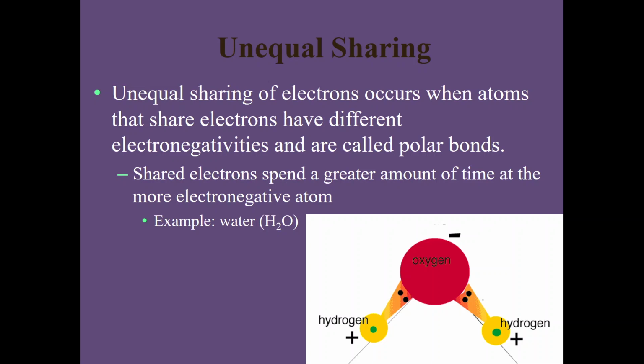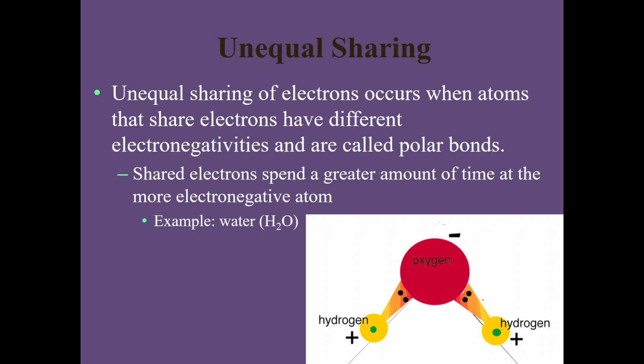So, for example, in water, the oxygen is going to hold on to the electrons for longer, and they're going to spend more time on the oxygen, so the oxygen is negative while the hydrogen is positive. And these are only slight differences. This makes water a polar molecule because it has polar bonds.